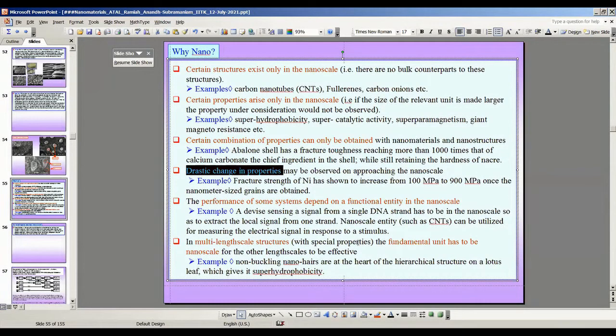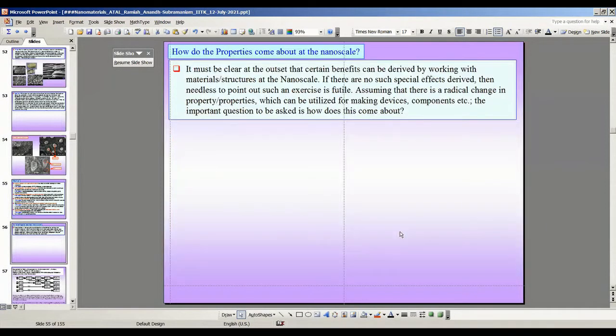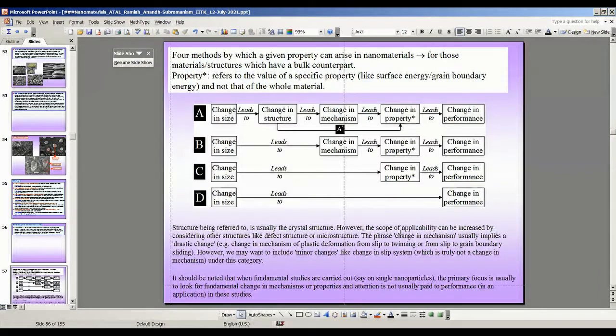For instance, the fracture toughness of nickel has been shown to increase from 100 MPa to 900 MPa when nanometer grains are achieved. So that means that sometimes you have an improvement in the properties, but the drastic improvement only comes in the nanoscale. Okay. And we also sometimes want the functional entity to be in the nanoscale, we already saw that. Therefore, we need to go to the nanoscale and make nanomaterials.